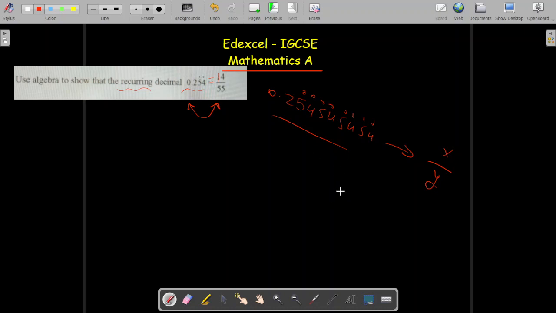To be able to use that, you have to understand one thing. You have to do some math that changes the decimal that you have into an integer. This is the basic trick.